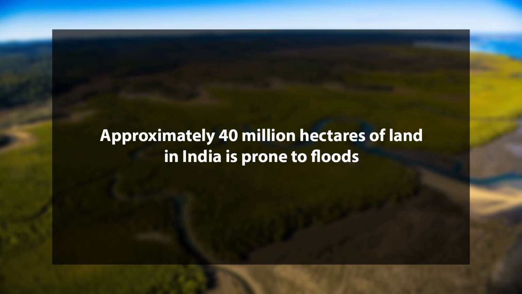This is important to safeguard the downstream population from catastrophic failures and floods. Approximately 40 million hectares of land in India is prone to floods. Therefore, real-time discharge data is vital for flood forecasting and early warning systems in case of hydrological disasters.